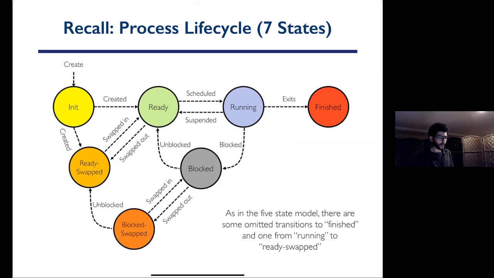And then if you remember, we also added 2 other states, ready swapped and blocked swapped, to take care of the condition where you don't have enough memory to have all the processes in your main memory. So you have to swap one out to make some room, and then that process becomes a blocked swapped or ready swapped process.